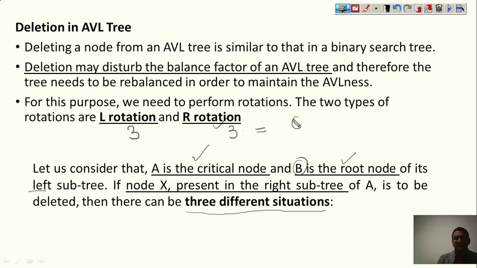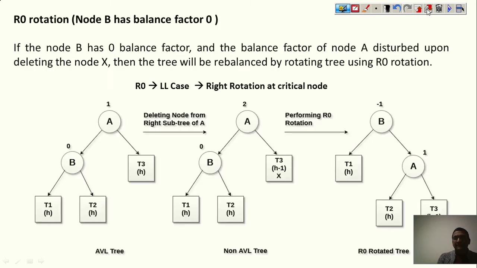That makes six possibilities in deletion. In insertion we have four possible cases; here we have six. We will understand R rotation carefully and in detail first, and then we can directly move to L rotation, because L rotation is actually the opposite behavior of R rotation.